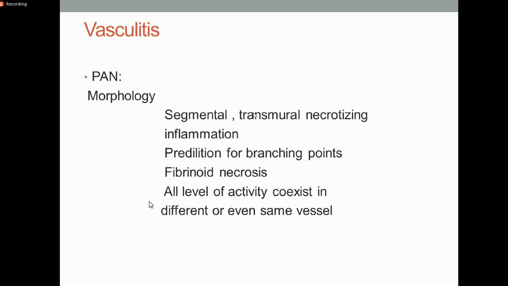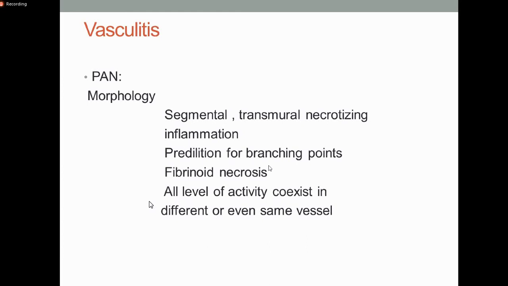Of the length of the vessel, only a part is involved, and that part is transmurally involved from intima, media, and adventitia. That type of inflammation is necrotizing inflammation. There will be transmural necrosis of that segment. In this way you can break this down, and you can even make diagrams yourself, so this way you will remember easily.